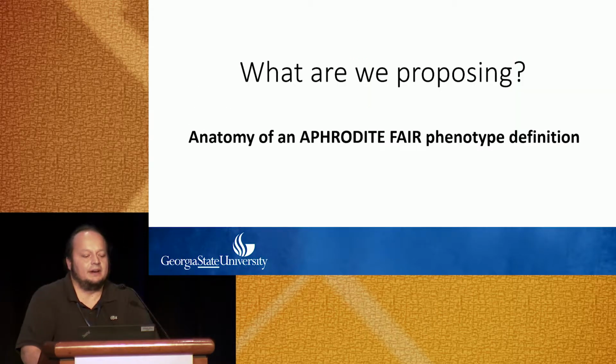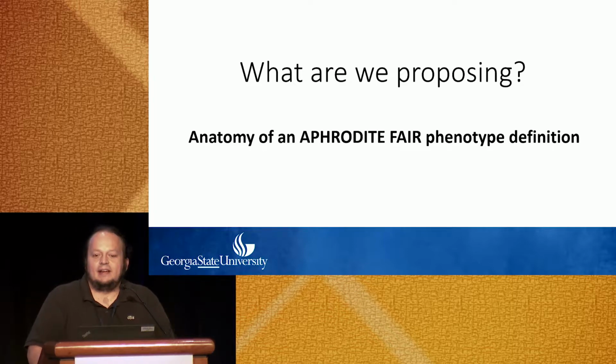So what are we proposing here? How would an APHRODITE FAIR phenotype definition look? APHRODITE phenotype definitions are basically a binary machine learning model with a bunch of extra settings and configuration files that you can use to run at your site.